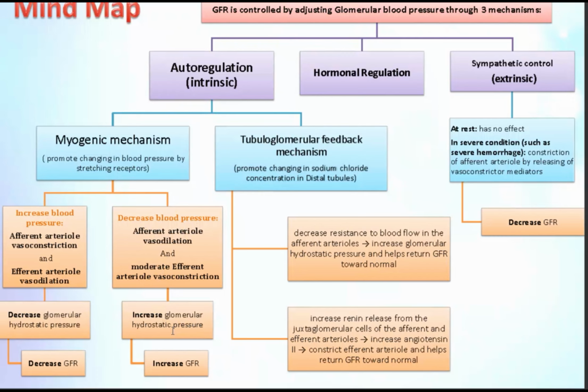On the other hand, the tubuloglomerular feedback mechanism responds to changing sodium chloride concentration in the distal tubule, which decreases the resistance to blood flow in the afferent arterioles and increases the renin release from the juxtaglomerular cells of the afferent and efferent arterioles. So in this way, we can say glomerular filtration rate is also regulated.